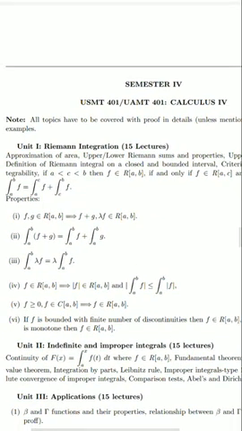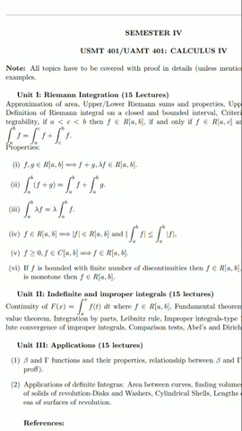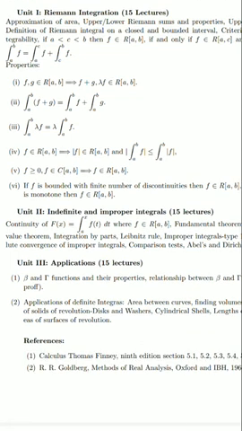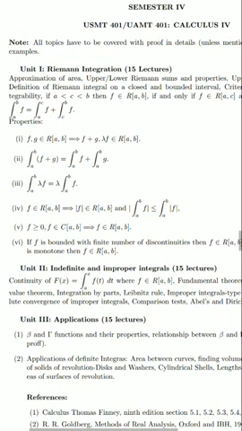In the paper of calculus 4 there are 3 units. Unit number 1 is Riemann integration. Unit number 2 is indefinite and improper integrals, and unit number 3 is applications of beta and gamma function. Okay, so these are the 3 units.